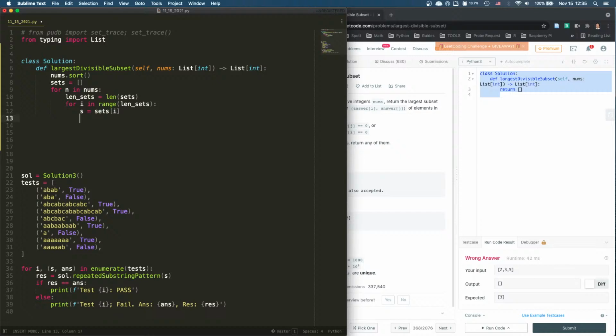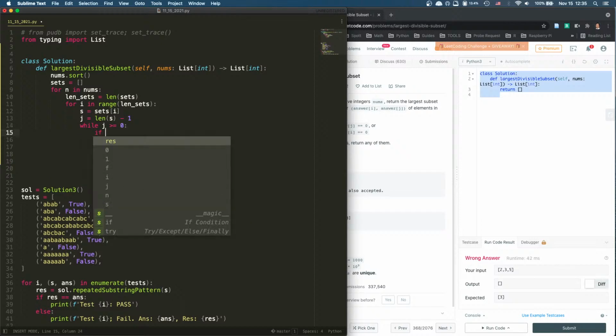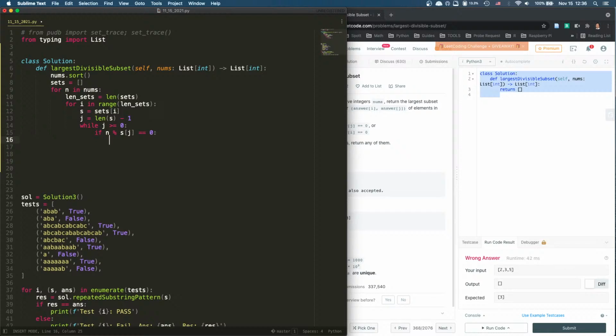That will indicate where we can create a new set. So we say j equals len(s) minus 1. While j is larger or equal to 0, if n divides s[j], meaning the remainder equals 0, then we're gonna break.